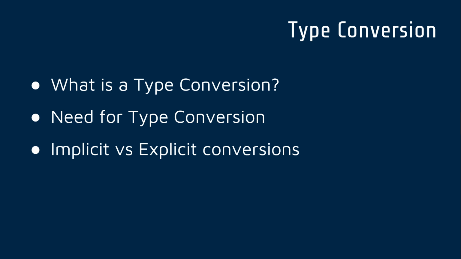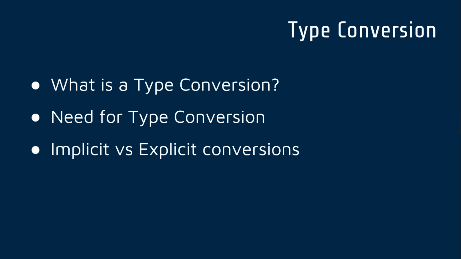For example, in explicit conversion, let's say I have a variable a which has a value of 5. Now I want the variable a to be of string format. Then I cannot do this implicitly. I have to go for the explicit type conversion.